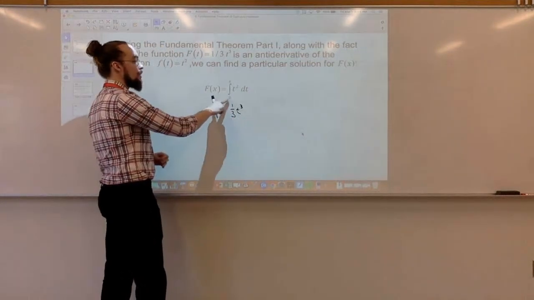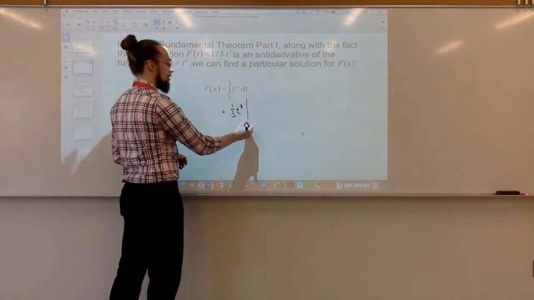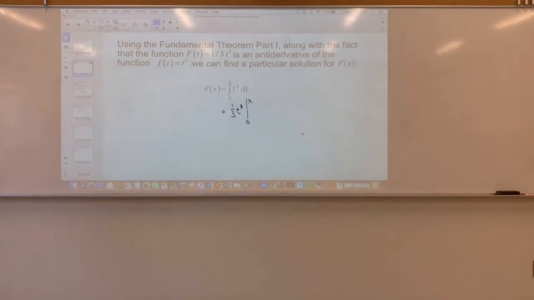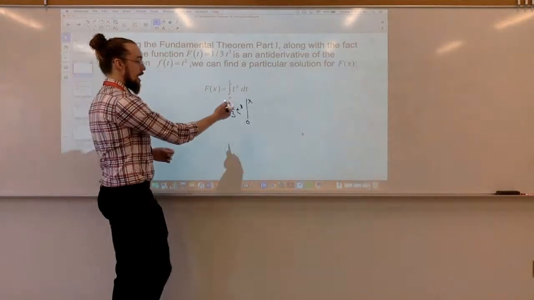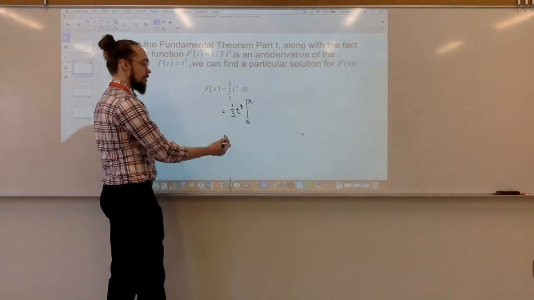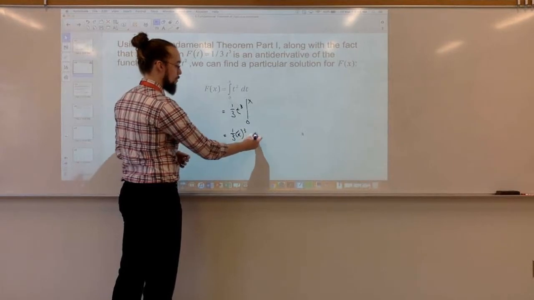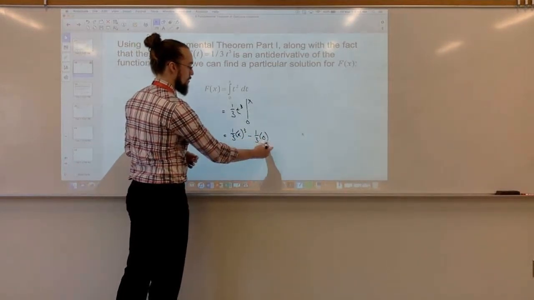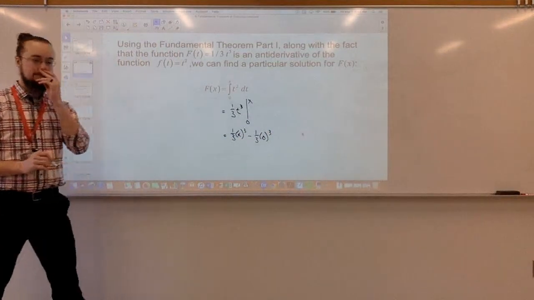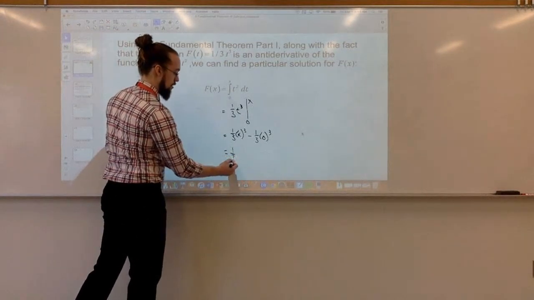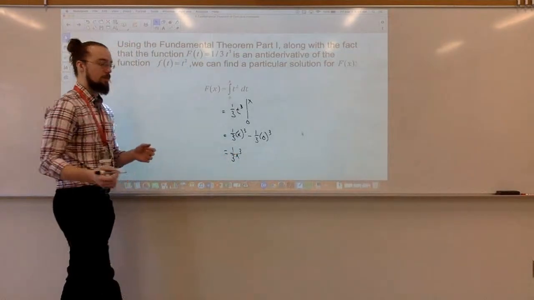And I want to evaluate this from 0 to x. So I draw my bar, put my values there. I'm going to plug in x, and then I'll plug in 0. And so I'll have 1/3 times x cubed minus 1/3 times 0 cubed, which just gets me 1/3 x cubed.